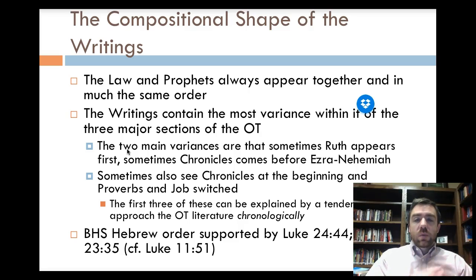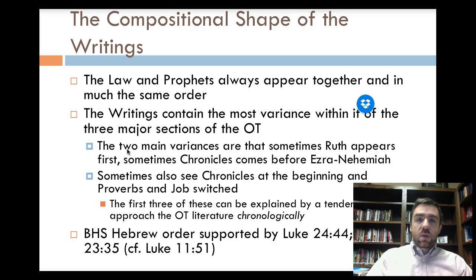Ruth is prior to David, at least the story is, and so the book of Ruth, which tells of the birth of David, should come before the Psalms of David. That's the rationale there. Chronicles is chronologically prior to Ezra and Nehemiah. Chronicles at the beginning is chronological because Chronicles starts with Genesis 1, starts with Adam. So all of those can be explained chronologically.